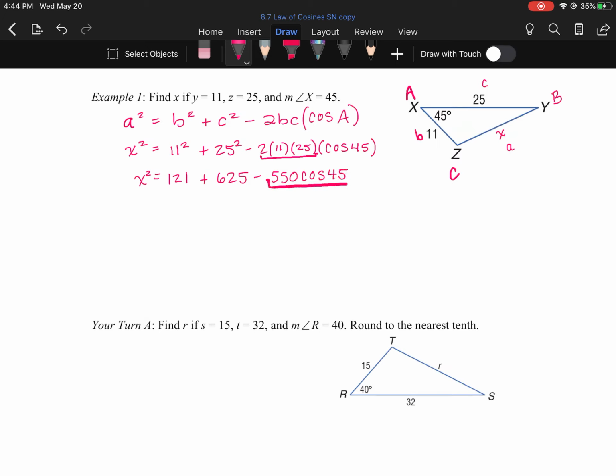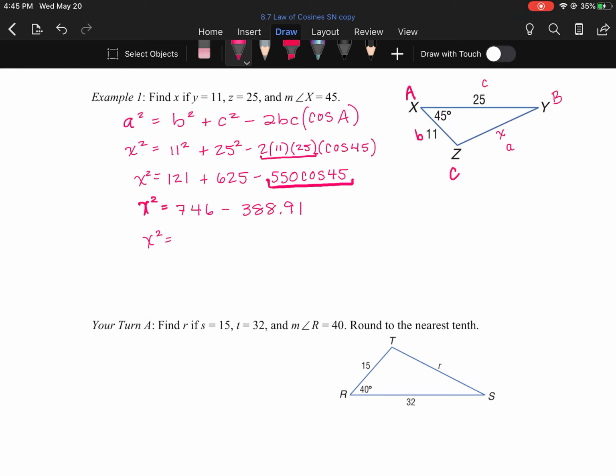Don't forget, this is all multiplied, so I can't take 625 minus 550. But what we can do is add those two together and get 746, minus 550 times the cosine of 45, which gives us 388.91.